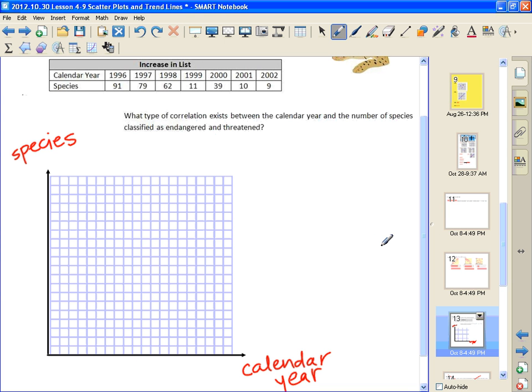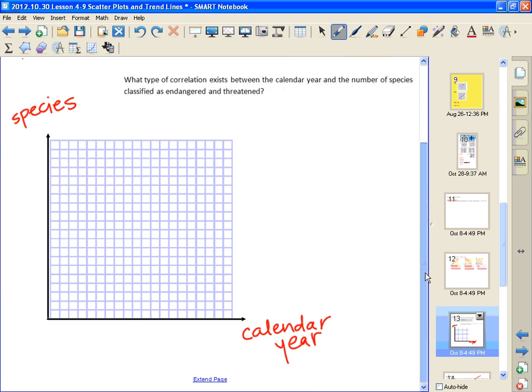Now, we don't want to count by ones from the year 0 to the year 1996, so we don't need the 1800s or the 1700s or anything like that. So we're going to make a little break in our graph. I know y'all have done that in biology before.